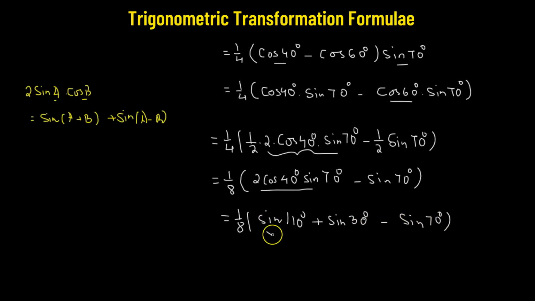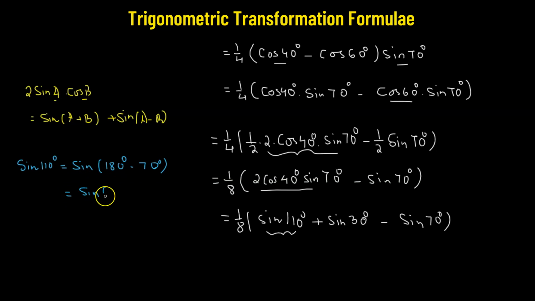Fine. Now here we have sine 110 degrees. Let's work with this. We have sine 110 degrees. This can also be expressed as sine of 180 degrees minus 70 degrees. So that corresponds to 110 degrees.